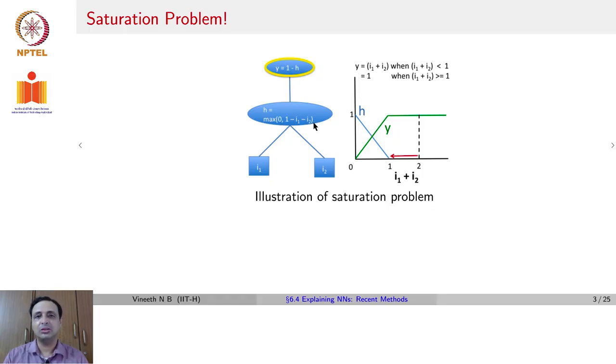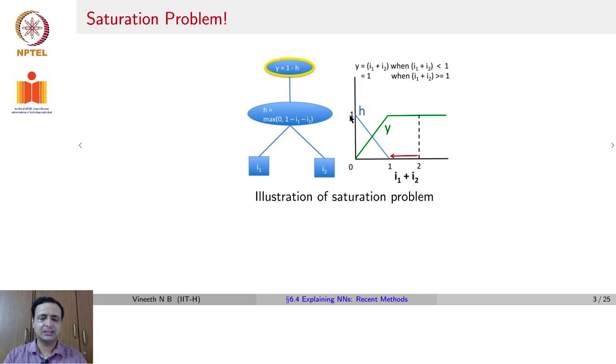Let's assume that those are the weights that the neural network has actually learned at that time. And let's also assume that the final output y is given by 1 minus h. This is one such neural network that may be learned when you train a model.